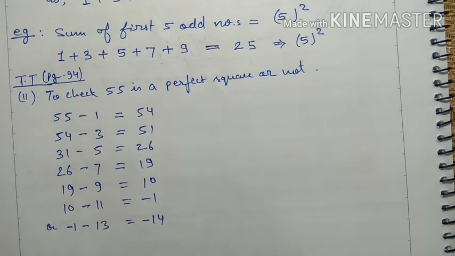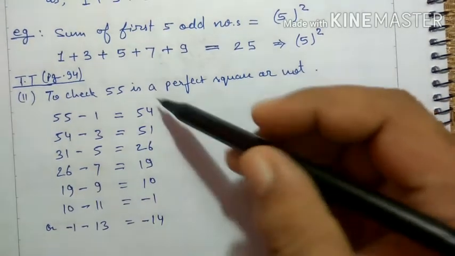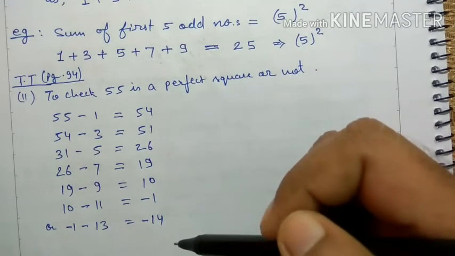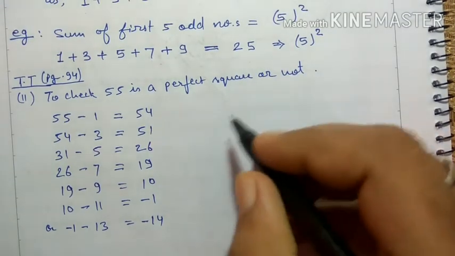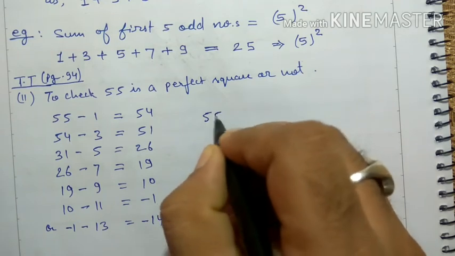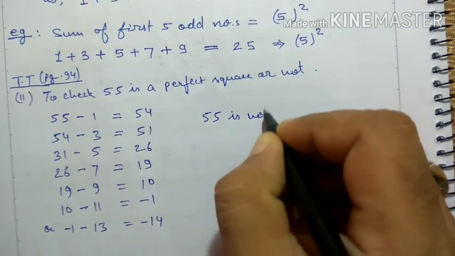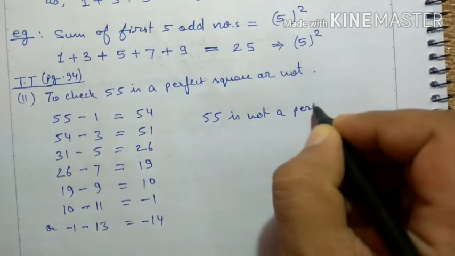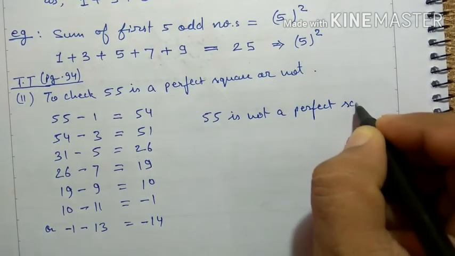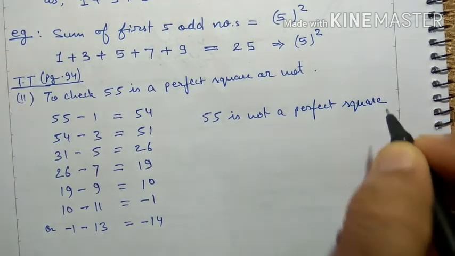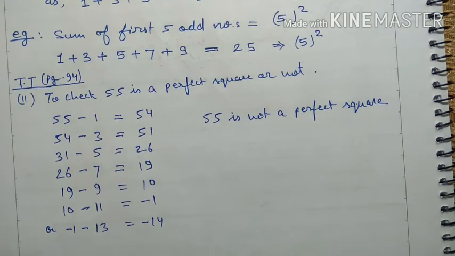At no point does the difference come to 0. So this means 55 is not a perfect square.